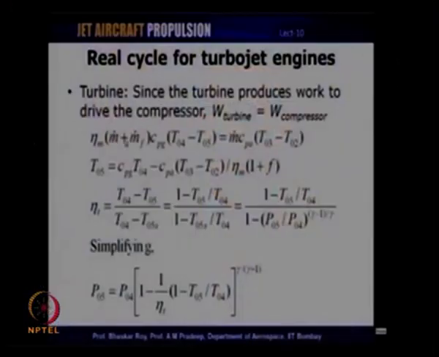For the turbine, we will first do turbine work is equal to compressor work. Of course, we will also include the mechanical efficiency here, because the amount of work that the turbine produces is actually reduced by the amount of the mechanical efficiency. So, turbine work will get reduced by the amount given by the mechanical efficiency.